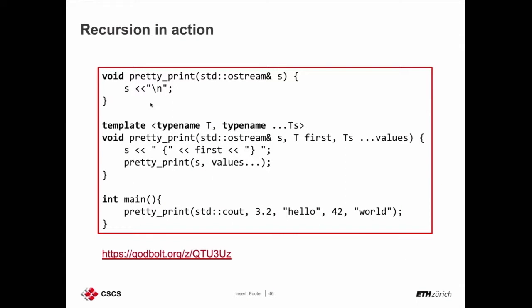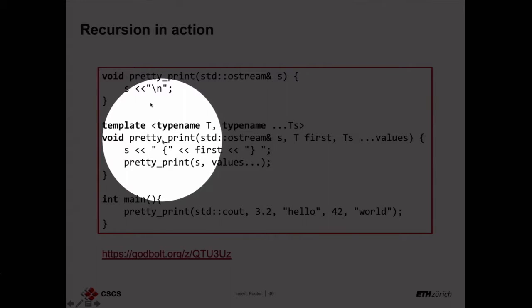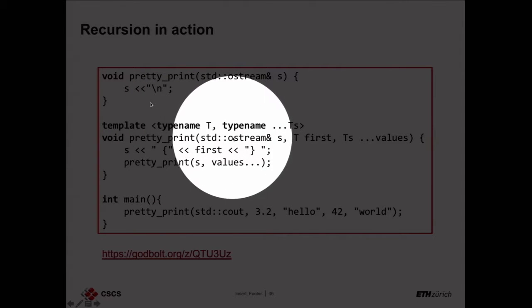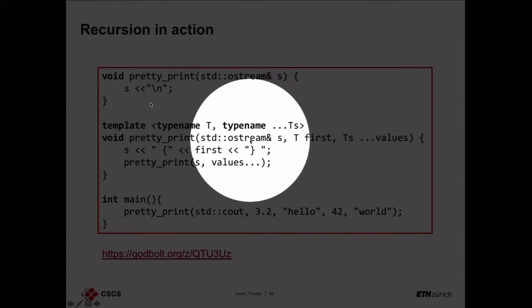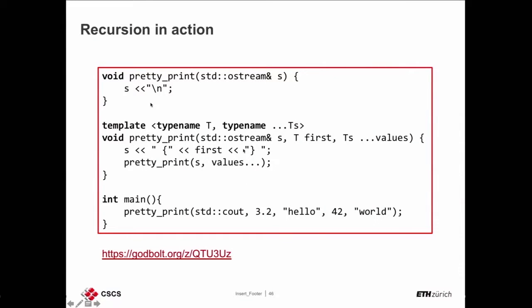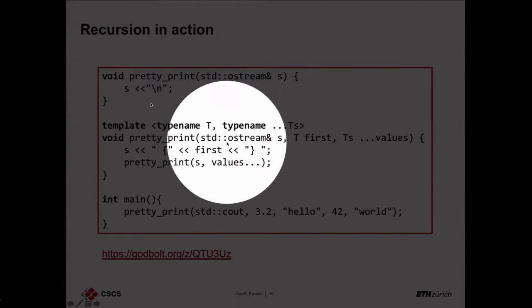How do I do it? Well, first of all, I take my pretty print function, which takes as a first argument an ostream, a stream where I want to write my output, and then I can implement this like this.